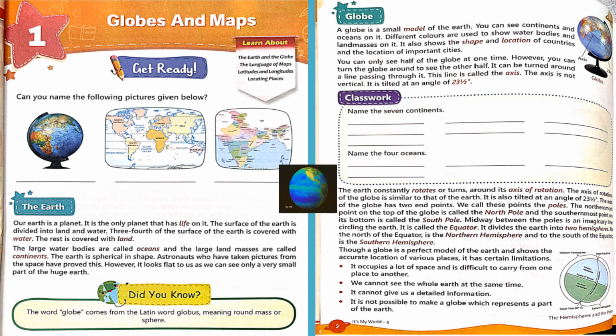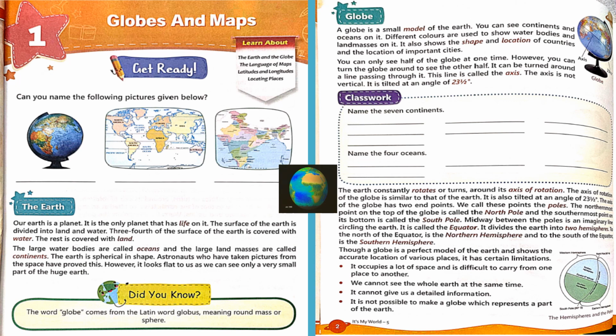Different colors are used to show water bodies and land masses on it. It also shows the shape and location of countries and the location of important cities.